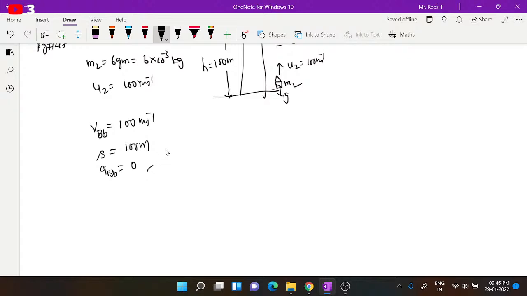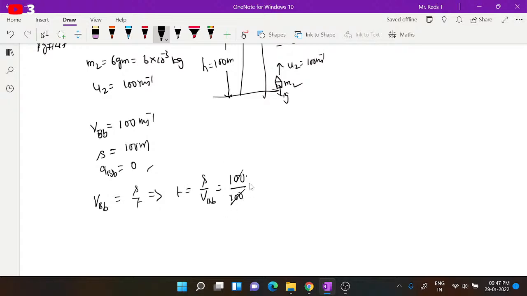So by using that point, the relative velocity, the velocity of the block with respect to the bullet, is equal to distance by time, relative distance s by t. From this you can say t is equal to s by v_bb. S is 100, and the velocity of the block with respect to the bullet is also 100.